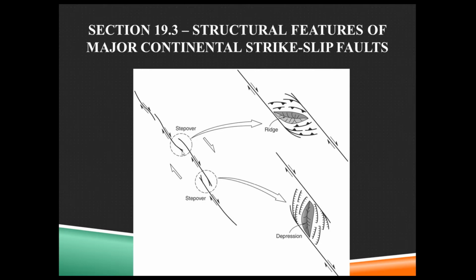So in this top step over zone, because of the motion of the plates, not plates in this case, I'm sorry, the motion of the blocks on either side of the faults, we see the underside of this fault is moving up, and it's right in line with the top side of this fault that's moving down. So there's pressure there. So we get a ridge.